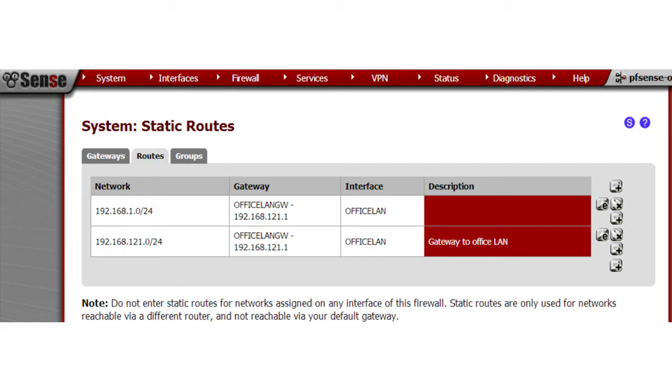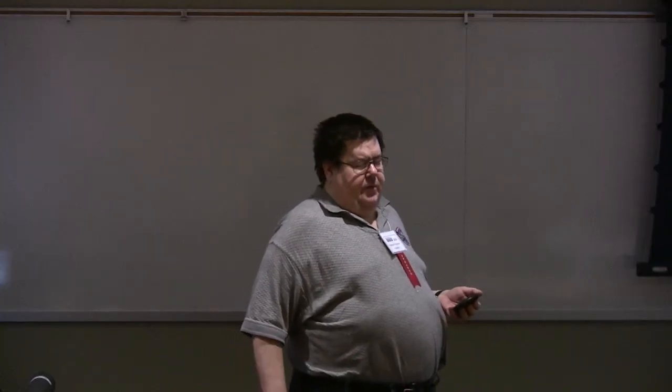So what we say is if you need to go to the 192.168.1.0 network, or the 1.x network, that goes through the office LAN gateway. If you need to get to the 192.168.121/24 network, that also goes through the office LAN gateway. The reason there's a 192.168.1 subnet is because when they originally set up the network, they set it up with 192.168.1, and I'm trying to get rid of that because it conflicts when people try to do the VPN.